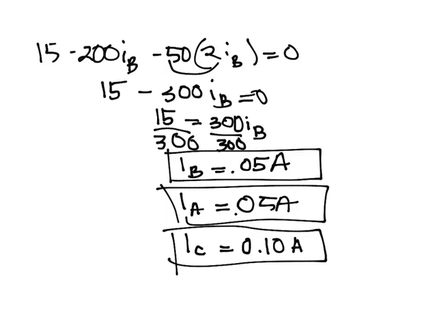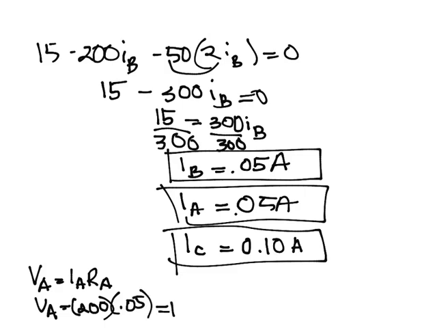If I want my voltages, I can use V equals IR for each. So VA will be IA RA. And we know that IA is 0.05 and RA is 200. So I should get 200 times 0.05, and I get 10 volts. And for VB, instinct tells me that I should get the same number.